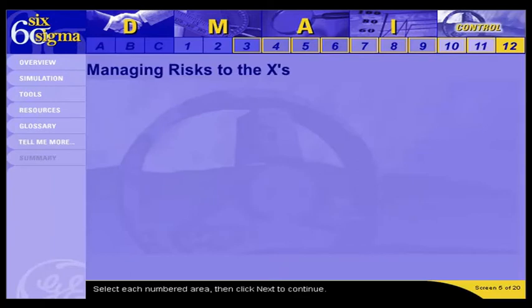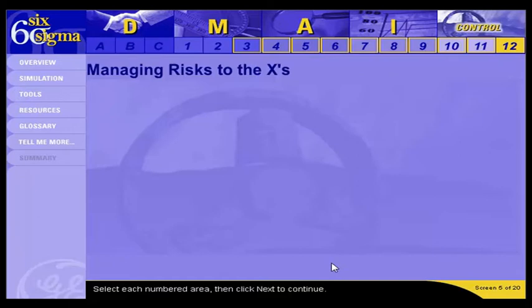The risk management process is similar to the failure modes and effects analysis covered in the Measure phase. However, now the focus is on identifying risk to the X's, the sub-processes or product characteristics that were improved. Both tools ask you to attach a score to the risk.